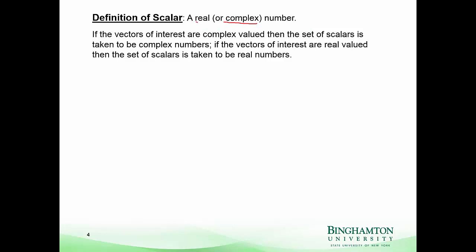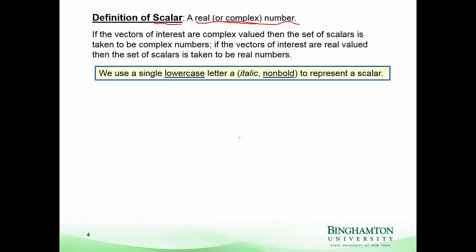So instead of referring to these as real numbers or just numbers, in the context of vectors, we refer to these as scalars. And obviously we can have an interaction between the scalars, real numbers in this case, and the vectors that we define.